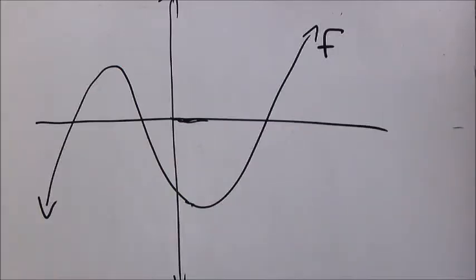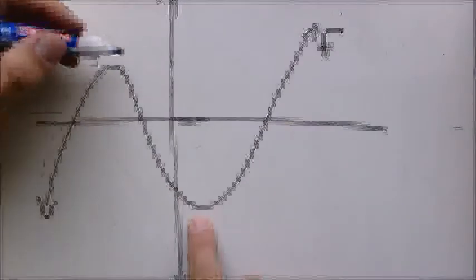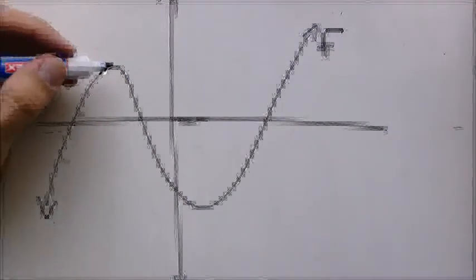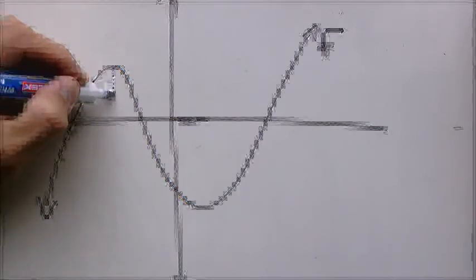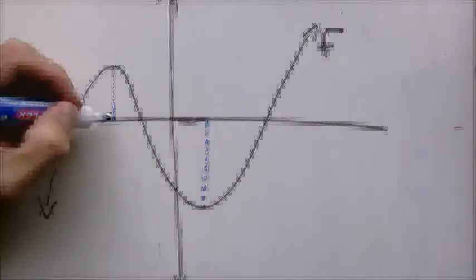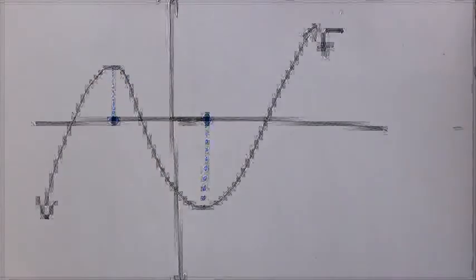Okay, what's the first thing we do when we want to get the turning points? We get the first derivative. After we've got the first derivative, we make it equal to 0, right? Because at the turning point, the gradient is 0. The two turning points, right? Local maximum, local minimum. These are also called stationary points, remember that, right? So at this point, if we want to draw the first derivative, it will be 0 over there and over there.